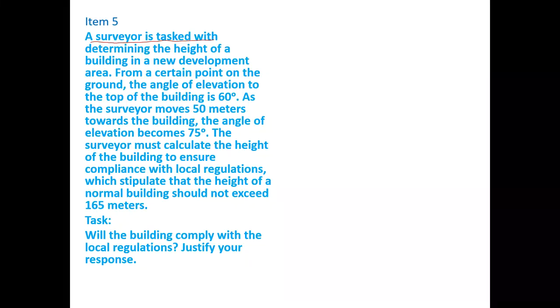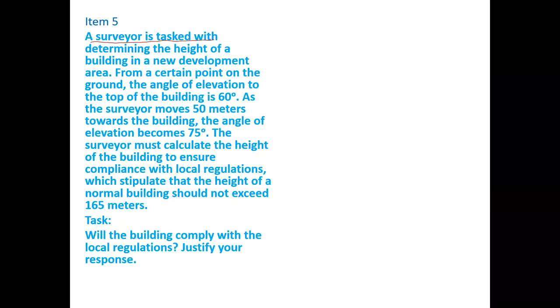As the surveyor moves 50 meters towards the building, the angle of elevation becomes 75 degrees, and the surveyor must calculate the height of the building to ensure compliance with the local regulations, which stipulate that the height of a normal building should not exceed 165 meters. Our task: will the building comply with the local regulations?